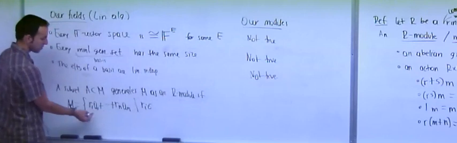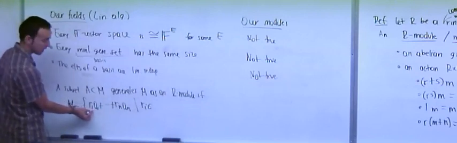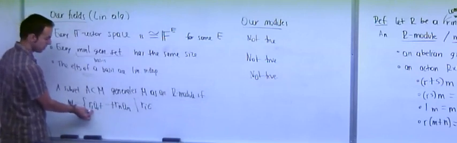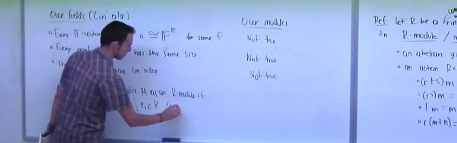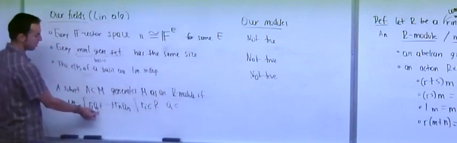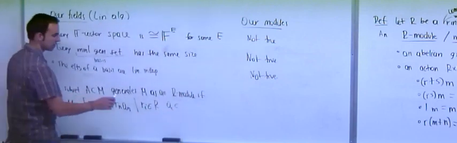What's a linear combination? Well, these guys are vectors, and these guys are scalars. That's the way you should think about it. So your scalars are in the ring, and your vectors are in your module, but actually they're supposed to be part of the generating set.